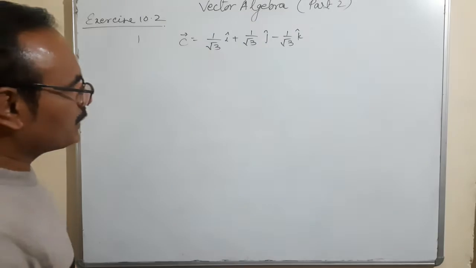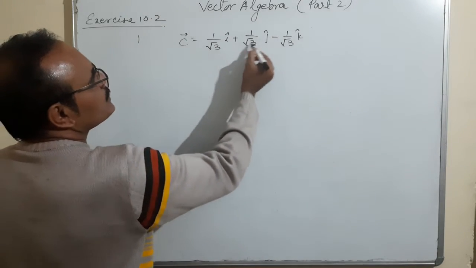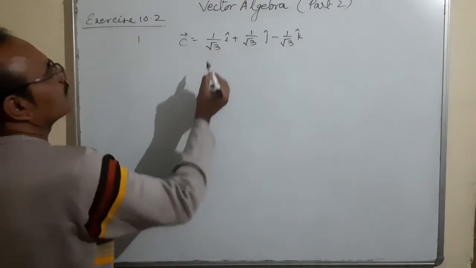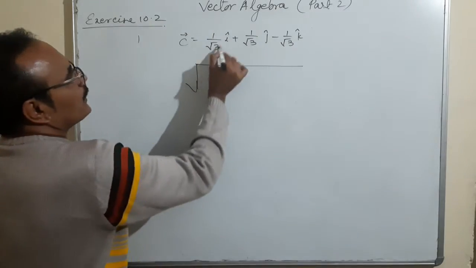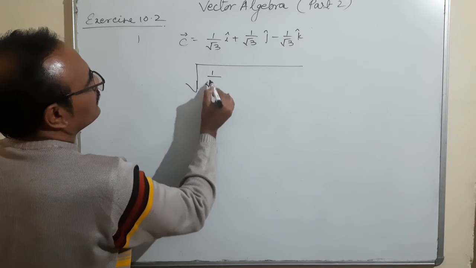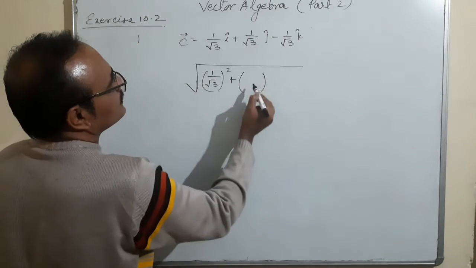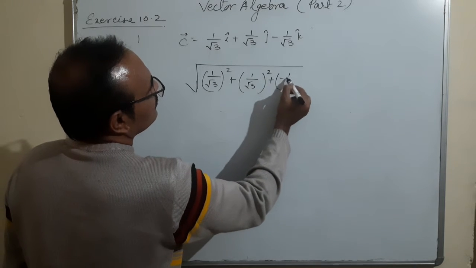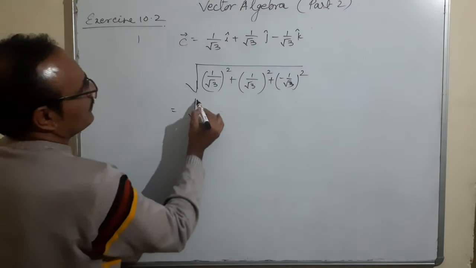So for finding the magnitude, what should be done? These are the direction ratios which are coming with i, j, k. For finding the magnitude, the simple way is: the square of the first term 1 upon root 3, the square of the second term with j, 1 upon root 3, and the square of the third term, minus 1 upon root 3, and the root of the sum is called the magnitude.